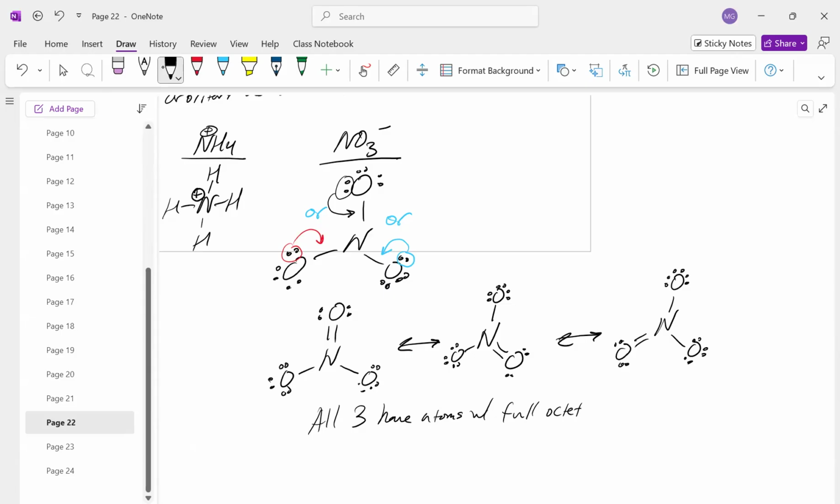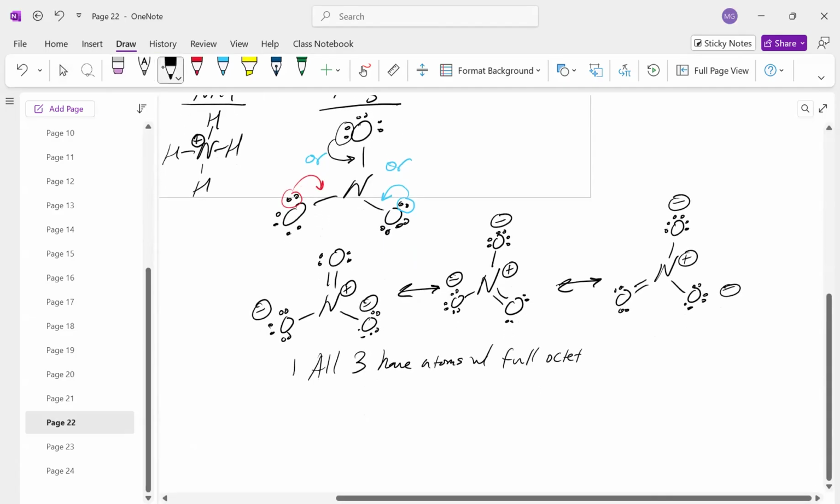Okay, now that you've done that, you would have found that these oxygens here would have a formal charge of -1, and the nitrogen would be +1. The oxygen with the double bond would have a formal charge of 0. And you would have found the same thing over here for those oxygens and for the nitrogen, and then the same for here.